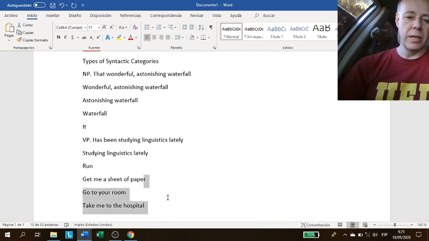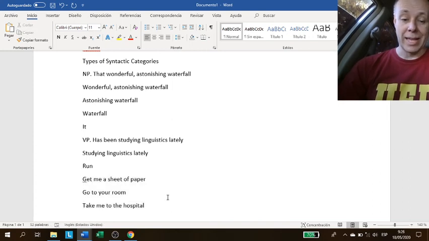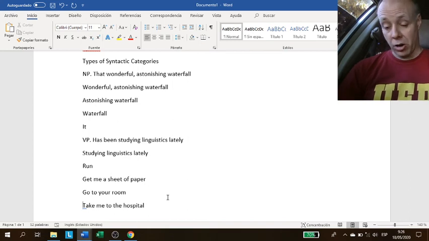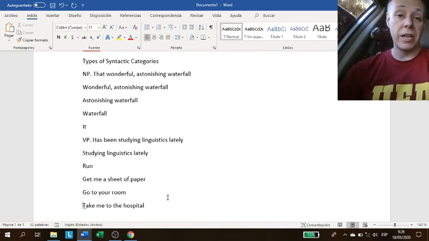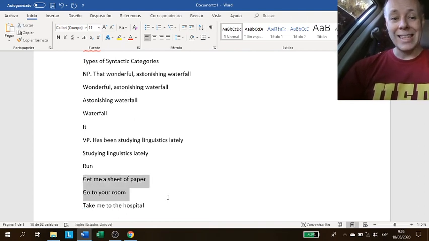These three show that they start with a verb. Get is a verb, go is a verb, take is a verb. Are these verb phrases? No, they are not. Why are they not verb phrases? Because the three of them convey a full idea.